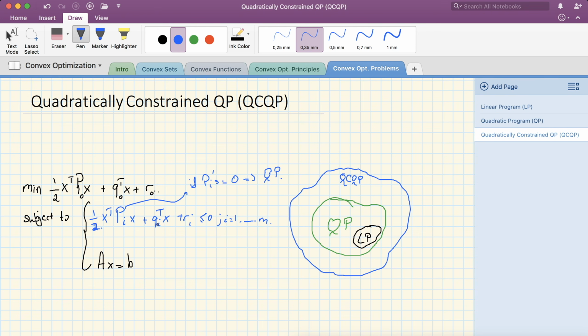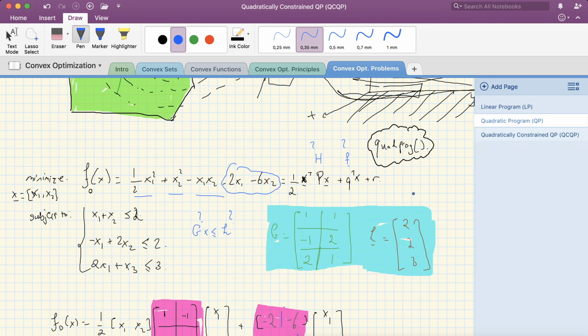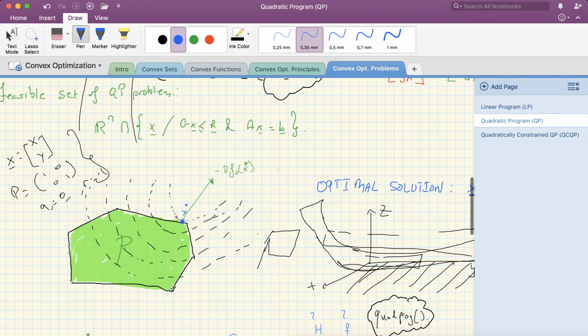We're minimizing a convex quadratic function, that's the cost, over, of course, a feasible region that is defined by the constraints. But how do they show up graphically? We said previously that in a QP, this green region right here forms the so-called feasible set P. And this region is geometrically a polyhedron, since it's an intersection of half spaces and hyperplanes, right?